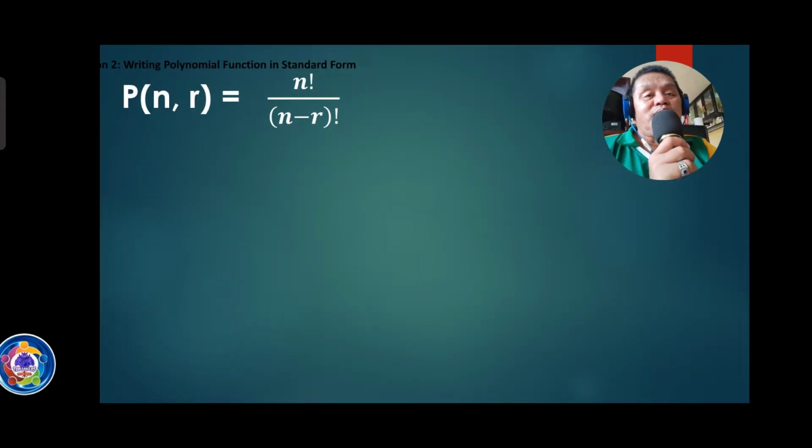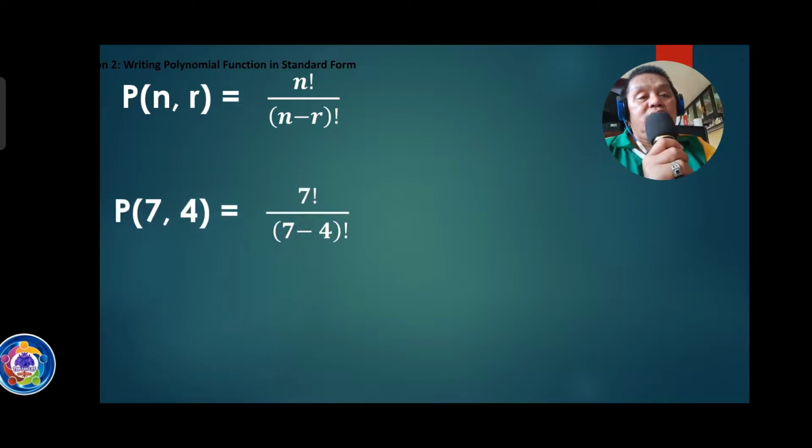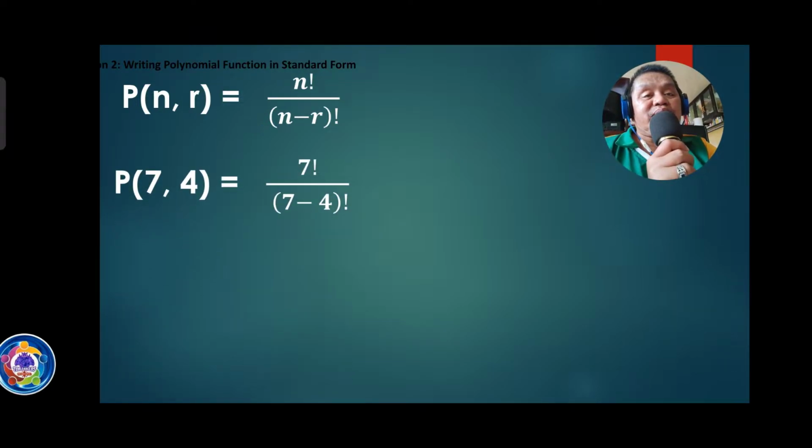We have the permutation of n objects taken r at a time is equal to n factorial over quantity n minus r factorial, where n is equal to 7 and r is equal to 4. So you are going to substitute: 7 factorial over quantity 7 minus 4, then factorial.